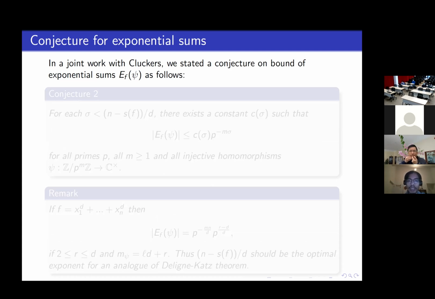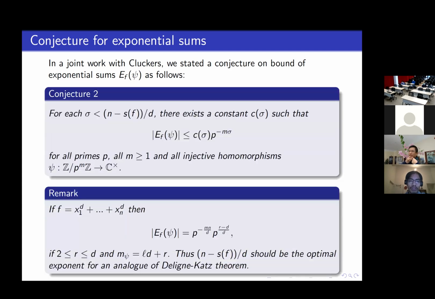So we might expect some conjecture about exponential sums. In a recent work with Kruger, we state a conjecture on a bound of the exponential sum E_f(psi), called conjecture 2.